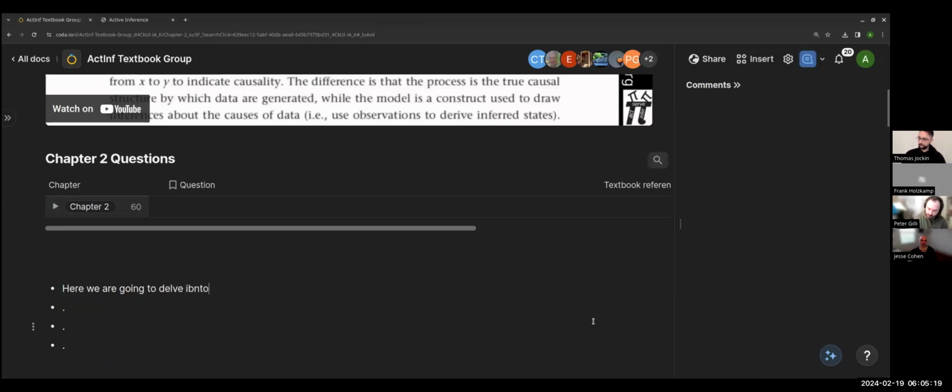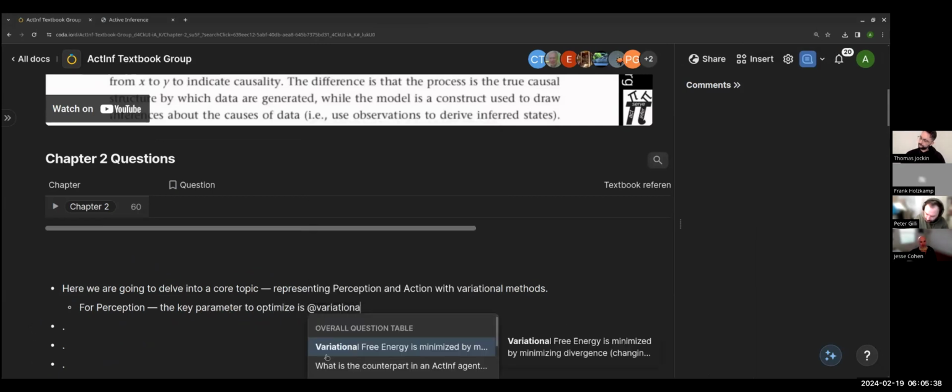So for perception, the optimization parameter that needs to be minimized is the variational free energy. And for the action counterpart, the similar parameter would be the expected free energy.